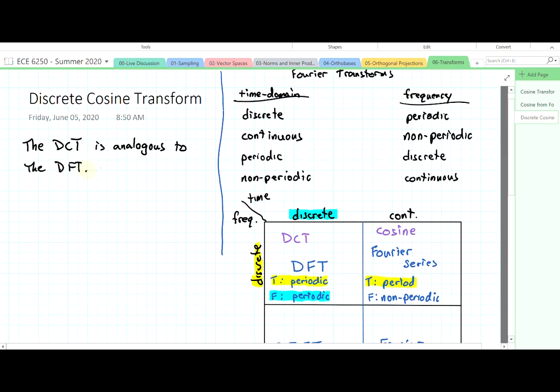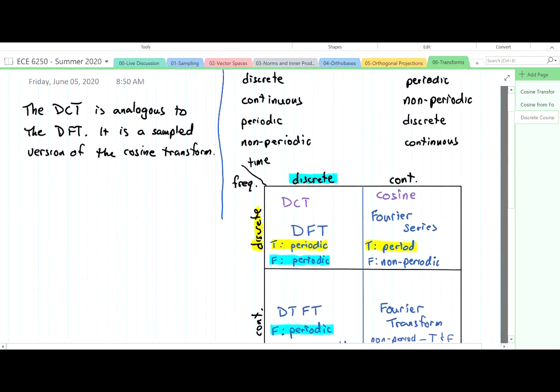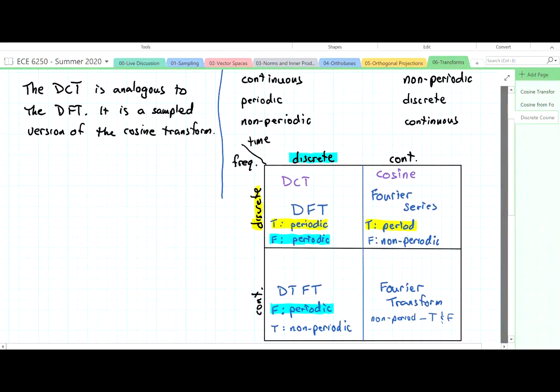And it is a sampled, as in frequency, or time, sampled version of the cosine transform. So since it's sampled in time, we know that it's going to be periodic in frequency. And since it's discrete in frequency, we know it'll be periodic in time from our little table over there.